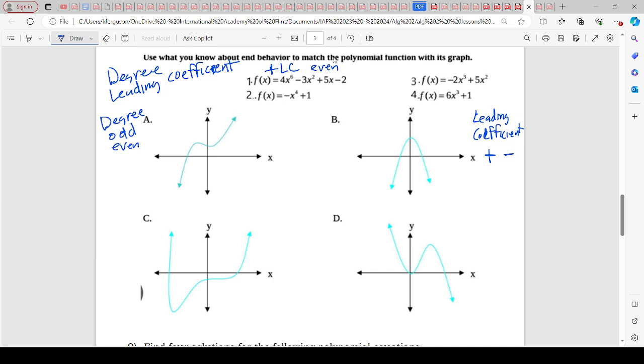So what do we know about a positive leading coefficient and an even degree? It looks like a U. It starts high and ends high. Starts up and ends up, however you want to say it. So I look at the ones that I got and which one matched that? C. So 1 and C.